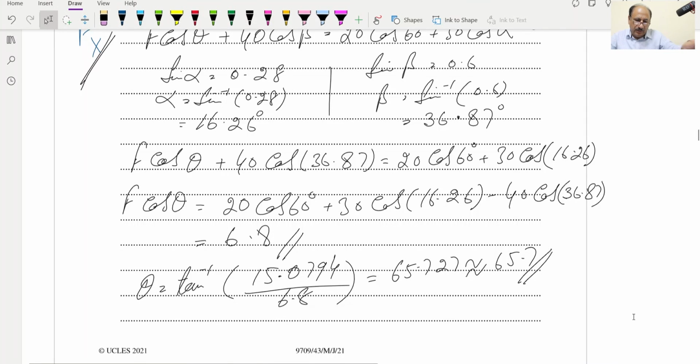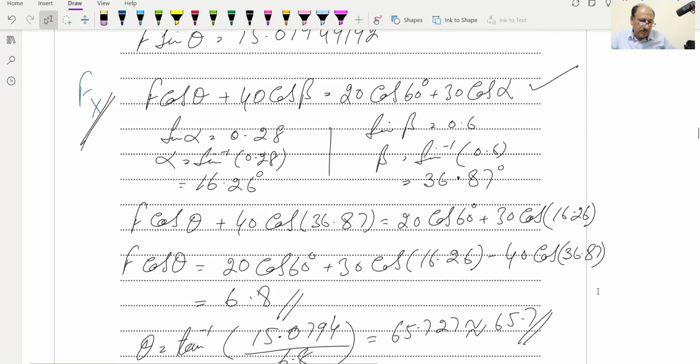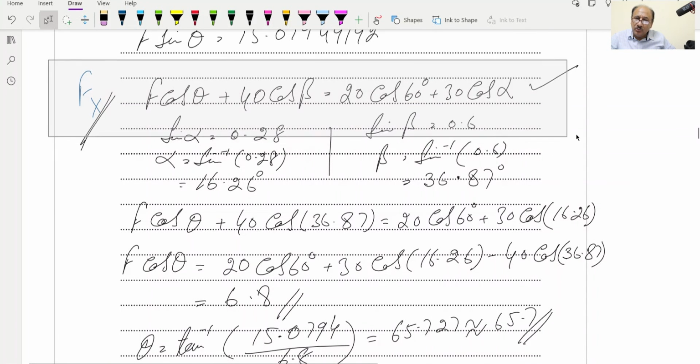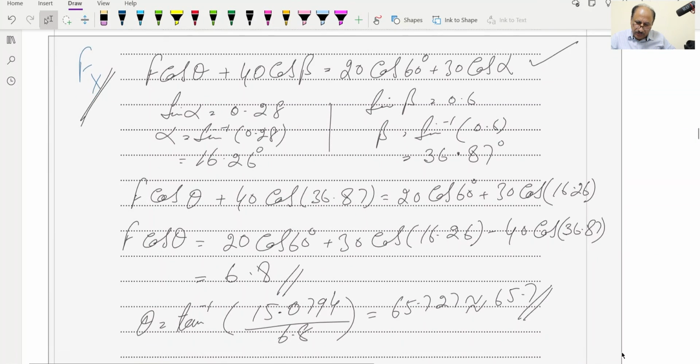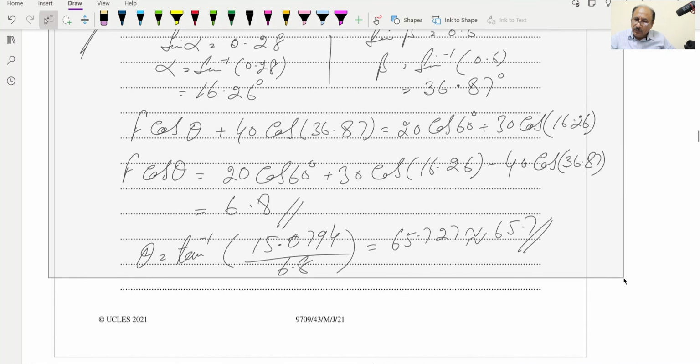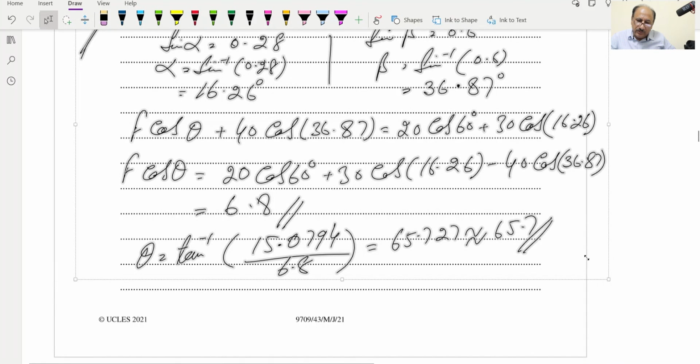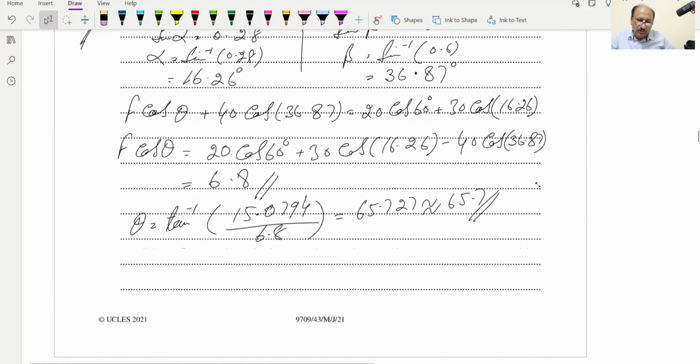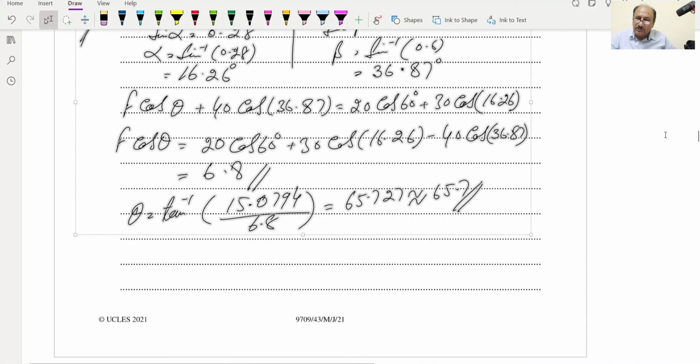Now we can find the resultant force also. I will reduce this a little in size so that we can get more space for this one, and this is a readable size.